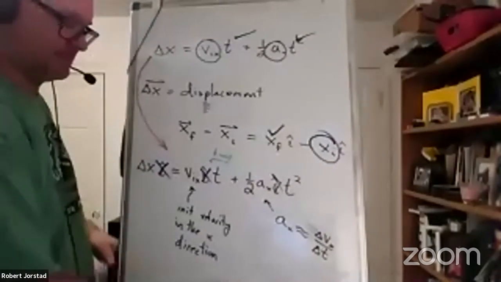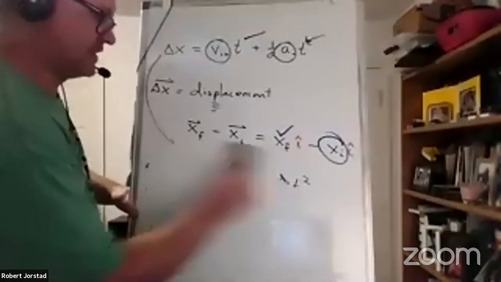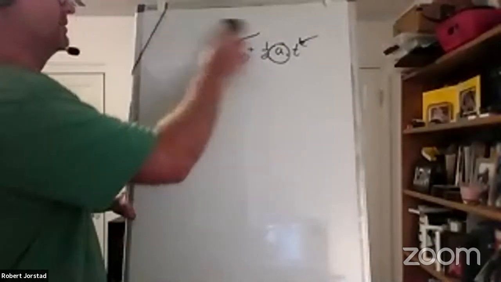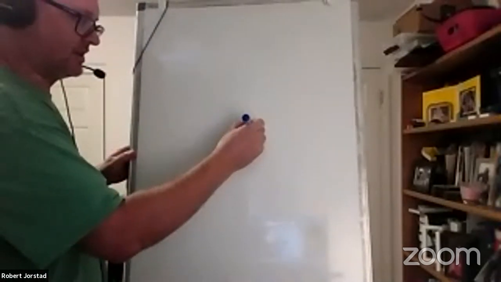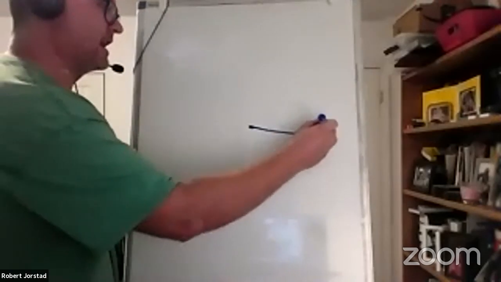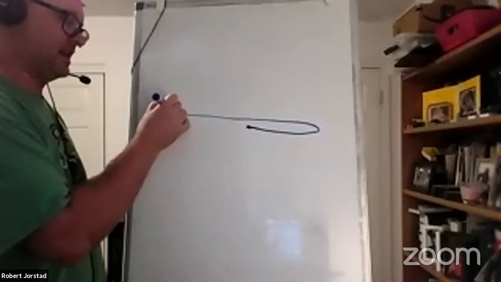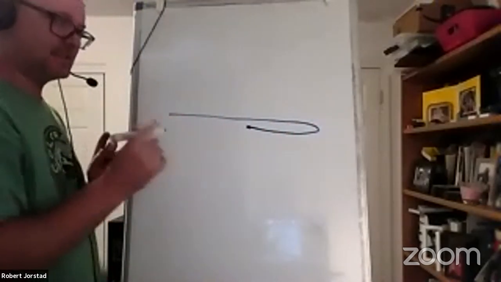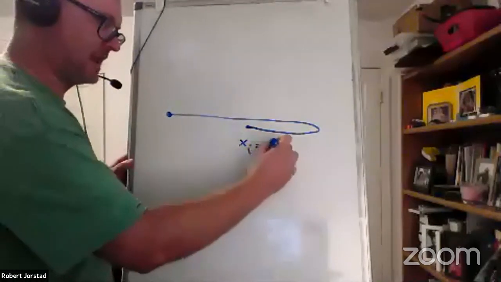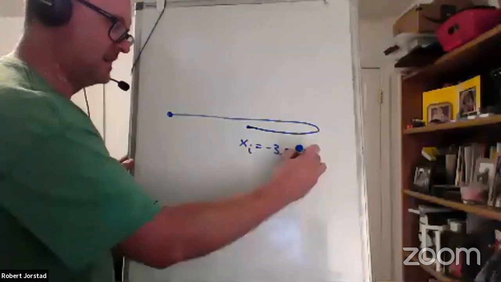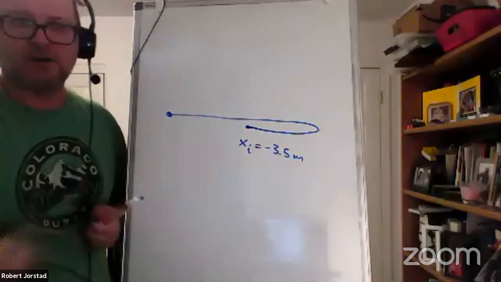So I'm just going to simplify that animation that we just saw with a red line on the board here. Blue was position, I think. So in this case, the guy started right here, he went this way, and then he came backwards, and he hit into the wall. Now in this case, x initial, I think, was negative 3.5. I can't remember exactly, so I'm just going to check really quick.